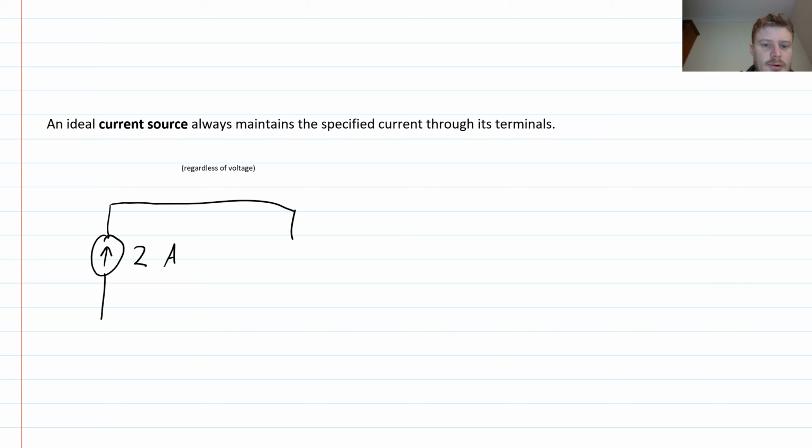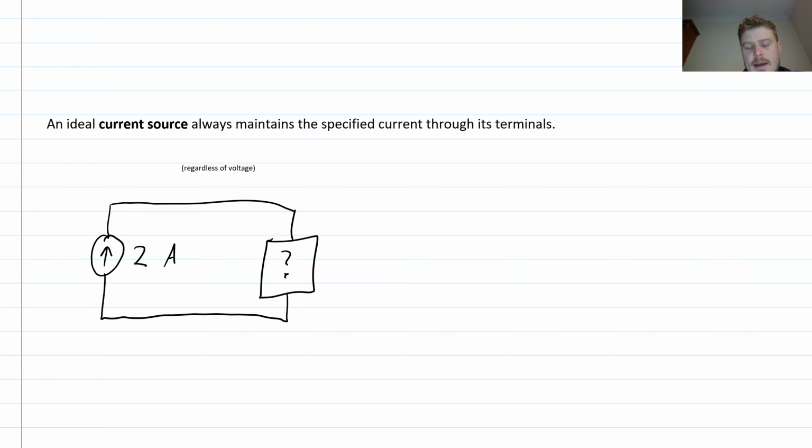Again, we would hook this up to some other circuit, with some other parts over here. And now we know that there will be 2 amps flowing along this wire, by definition of what this current source will do.